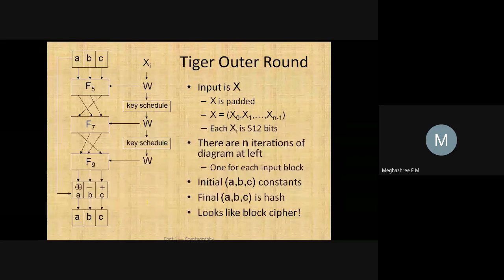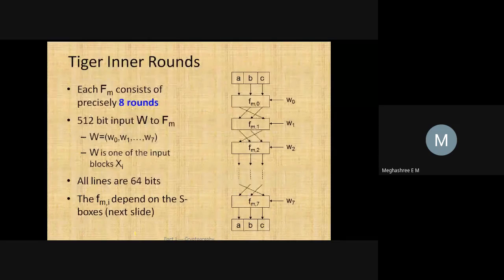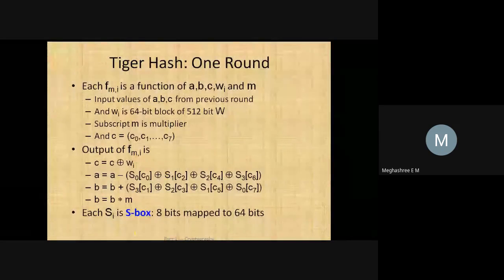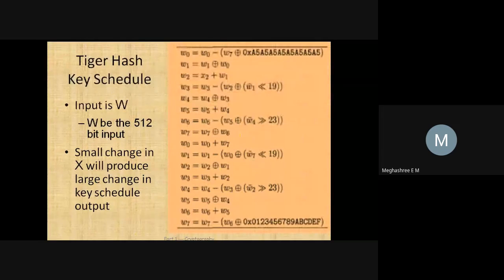We'll see the complete working of this Tiger hash function. As you can see in this figure, it represents the outer round. Also you have inner rounds, and you have the S-boxes here. That means it's a calculation part, and the key schedule.